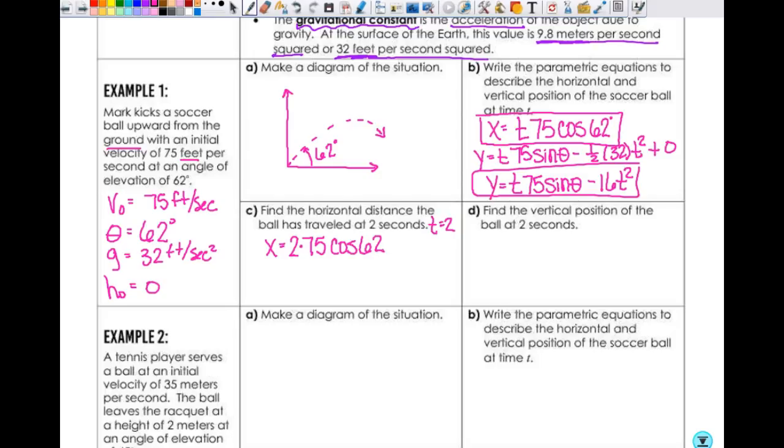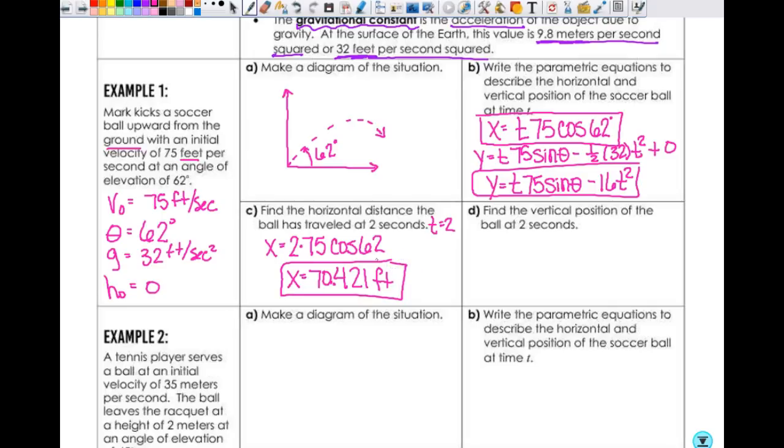If it's not in degrees, make that happen. If you're not sure, you would hit Shift, Mode, and then 3 for degrees, and you should have the little tiny d up there at the top. All right, so then when you type it in, pause if you need to, and then x is equal to 70.421 feet.